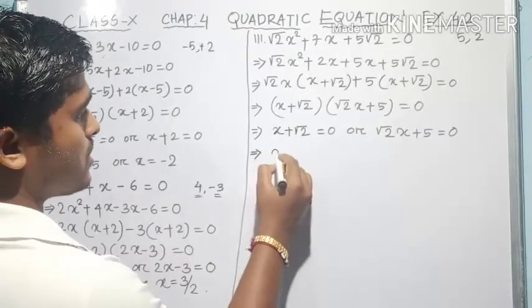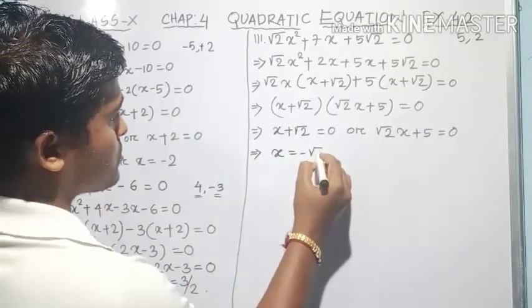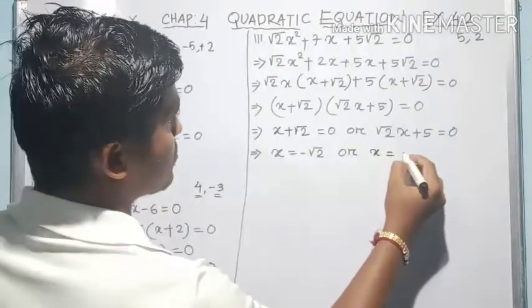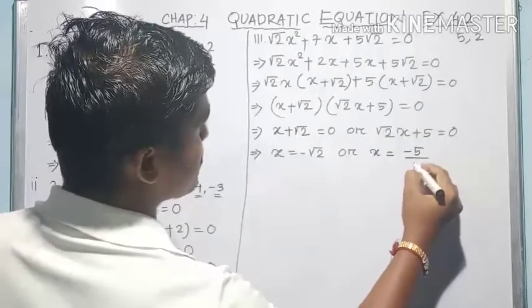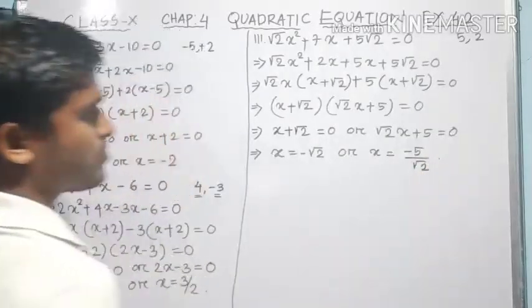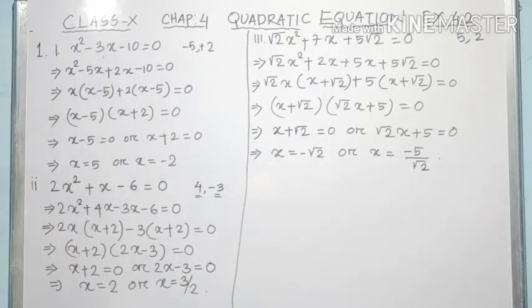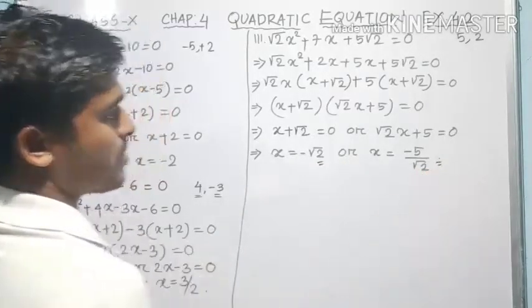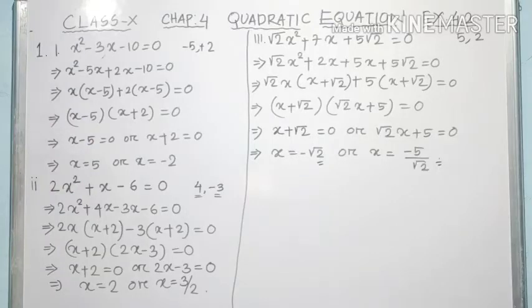This implies that x is equal to minus root 2 or x is equal to minus 5 by root 2. These are the two solutions or two roots of the quadratic equation root 2x square plus 7x plus 5 root 2. Then come to the next question.